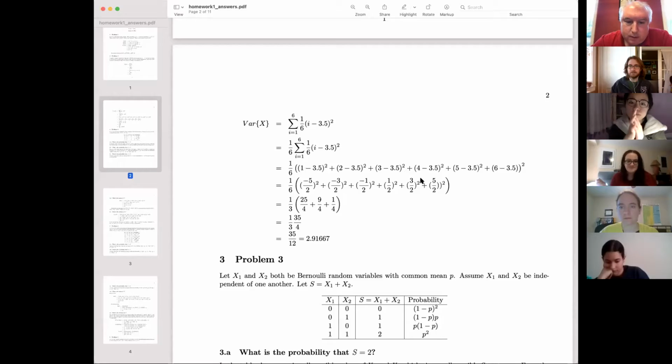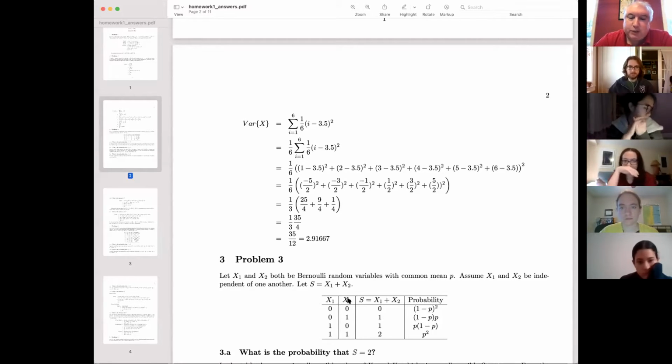For problem 3, here's how I think about it. I start out making a table. I've got x1 and x2 in the table, and I've got s, which is defined as the sum of x1 and x2.